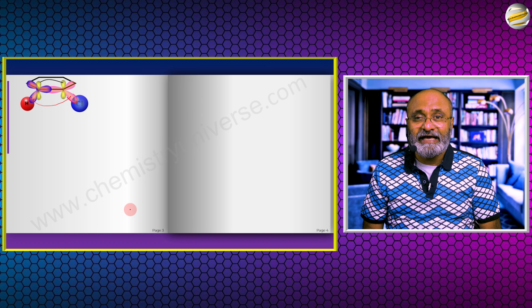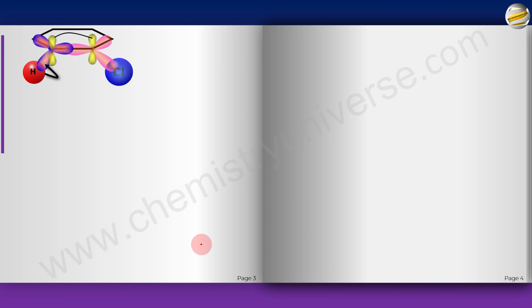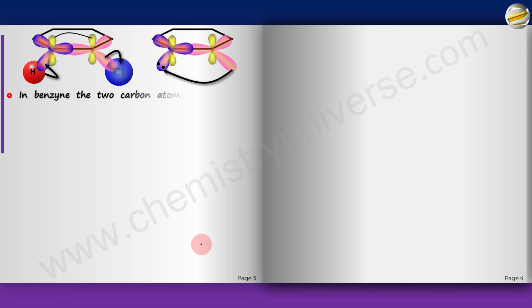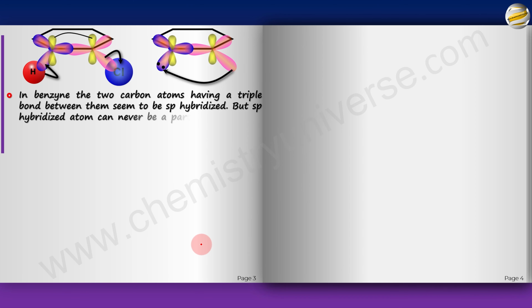All right. So what has happened is this bond has gone here. This Cl has left. This is filled and this is empty. And there's a pi bond between them. So in benzyne, the 2 carbon atoms having a triple bond between them seem to be sp hybridized. But sp hybridized atom can never be a part of a ring since its geometry is linear. So you can never have an sp hybridized carbon in a ring.